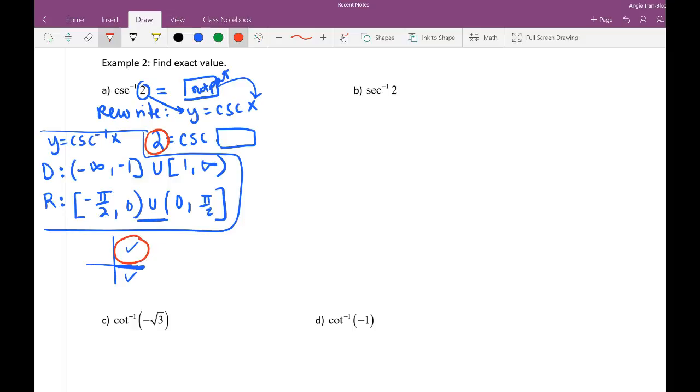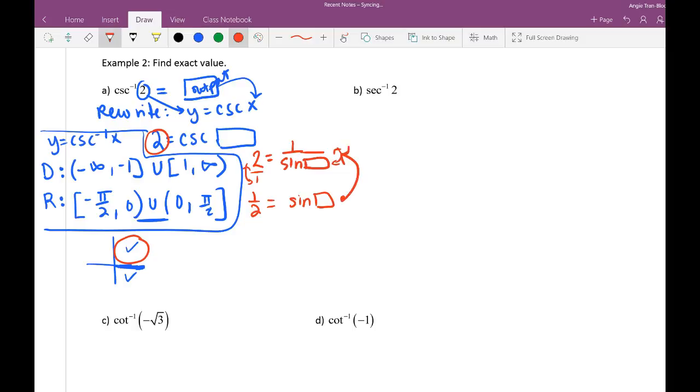Cosecant, you can think of it as the reciprocal of sine. So is it okay to say this is really 1 over sine of that angle? Now you can flip that. What if I flip this? Would you agree that I need to flip this? Can I think of it like this: 1/2 is now sine of this thing? These are all equivalent.